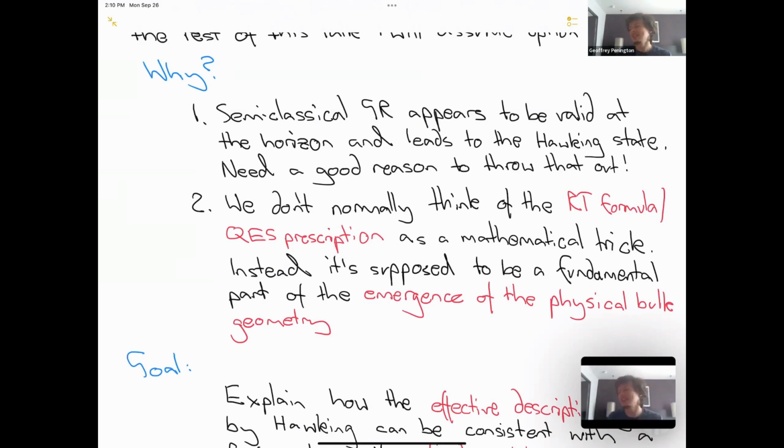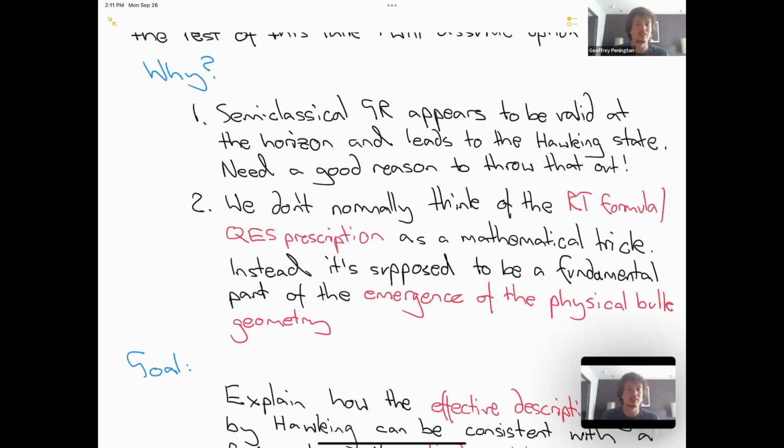The second is a more general statement about how we think about AdS/CFT. So we've been familiar with the Ryu-Takayanagi formula and the QES prescription in AdS/CFT for a while. And we don't normally think of them as just mathematical tricks where you're using some state that isn't the real state, but then doing a computation that gets you correct answers, right? We normally think of the bulk as being physically real, not just the boundary being physically real.